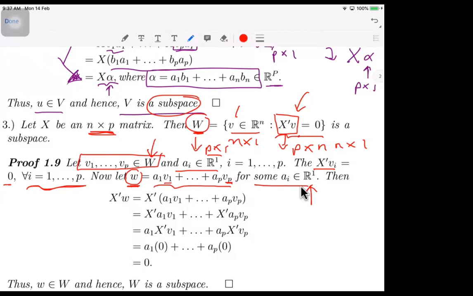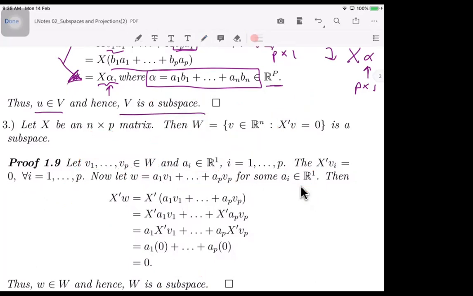And what you do is you have to show that if we pre-multiply W by X prime, this should be equal to 0, so that W is an element of W. So you started with a V, which is in W. You have a new linear combination W, so that pre-multiplying by X prime equal to 0 will show that W is in W and show that it is a subspace.